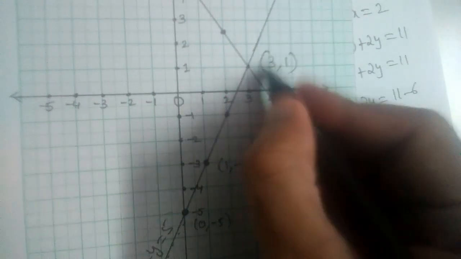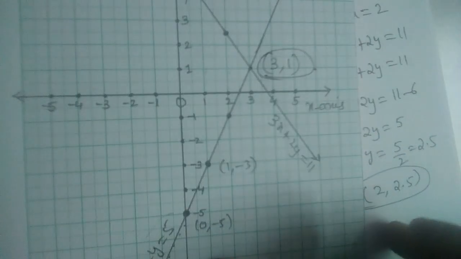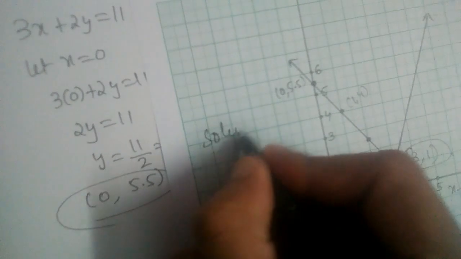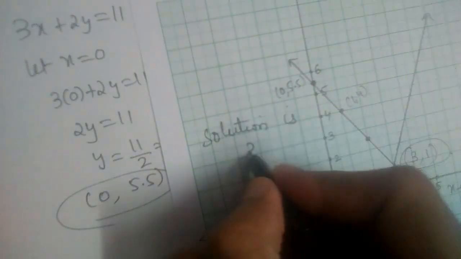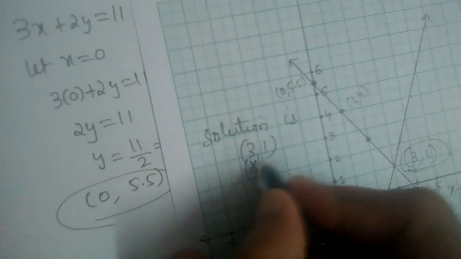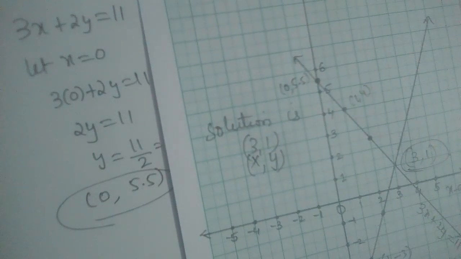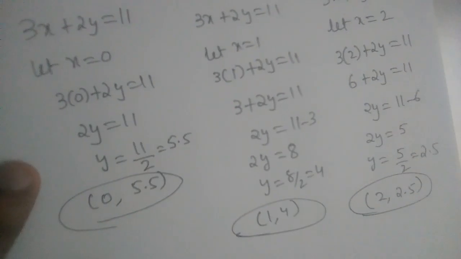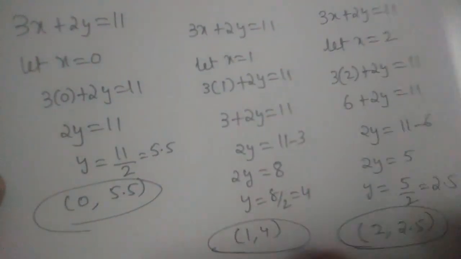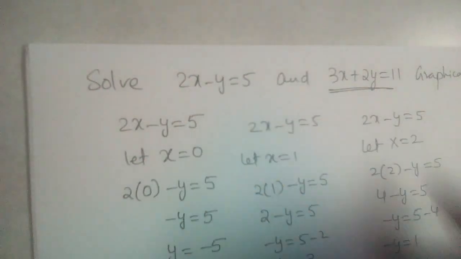So 3 comma 1 is our solution. All right, so the solution is 3 comma 1. Value of x is equal to 3, value of y is equal to how much? 1.